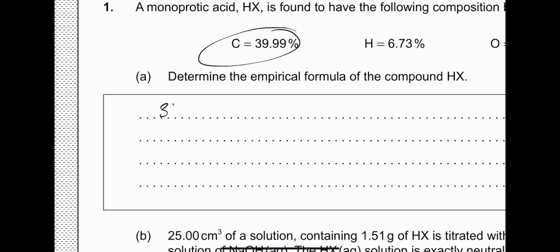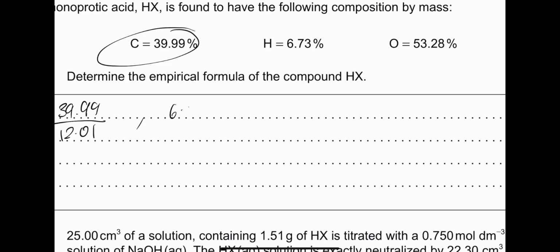So 39.99 over, and for carbon we know that our molar mass is 12.01, and it's just the same thing all around. So for hydrogen it's 6.73 over 1.01, and for oxygen it's 53.28 over 16.